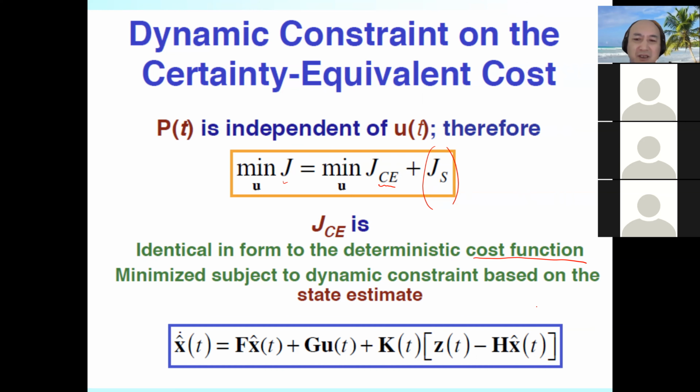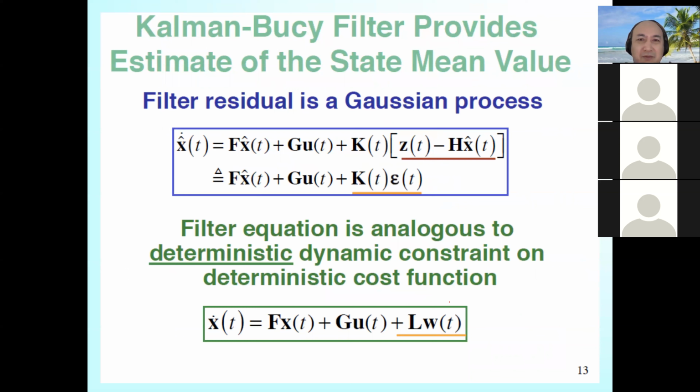So this is a state estimation function, and this looks very deterministic, right? We don't have noise injected in that. In form, it looks deterministic, okay? But I know that Z of t is a stochastic process, it is random. So use the Kalman-Bucy filter to estimate the state mean value, okay?